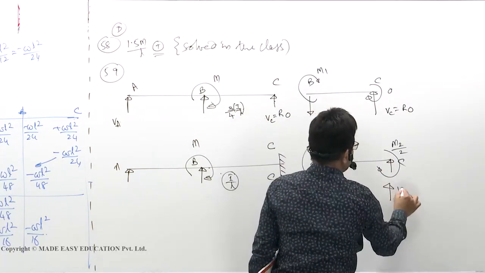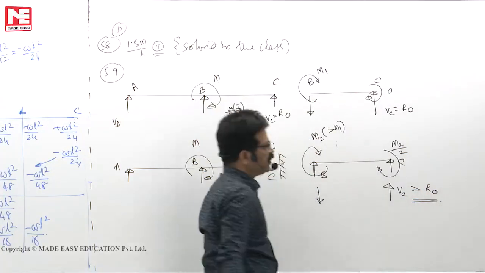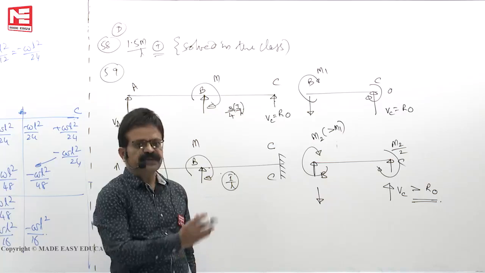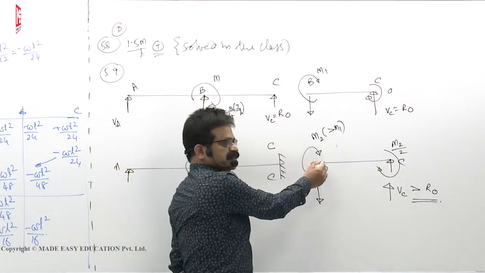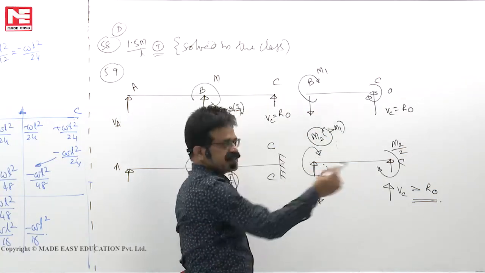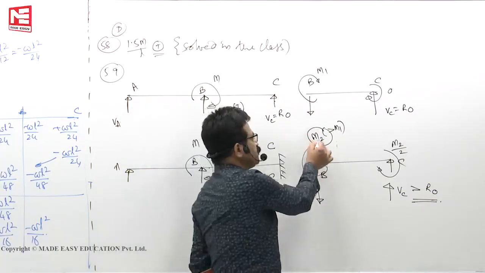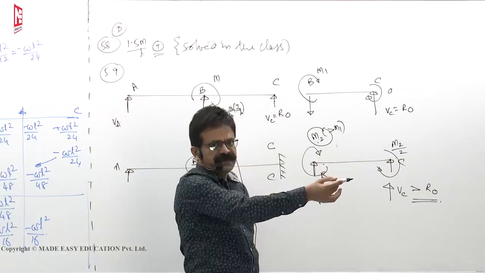Now this reaction VC is naturally greater than R0. Because we don't know the length, we can only guess. Because of fixing, its distribution factor is more. So moment shared by BC member is more. And out of M2, half will be carried over. And both moments are clockwise in nature.